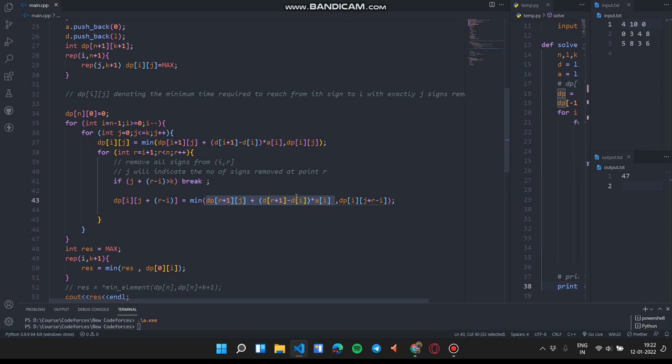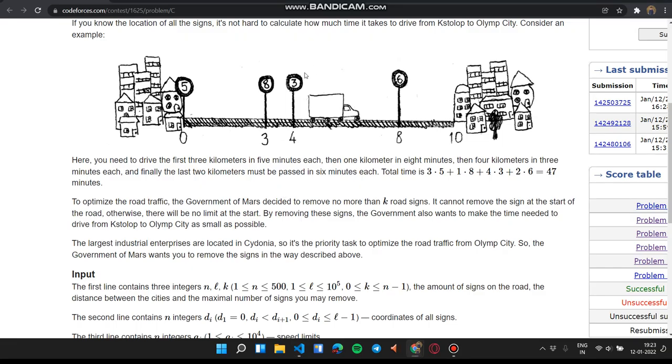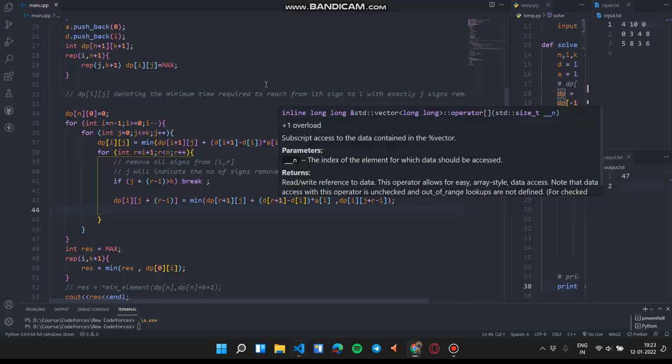If we remove every speed sign till r, we have to take from r plus 1. So dp of r plus 1 and j, and now every sign is removed between them, so the time taken will be 10 minus 3. We will not take into account these signs for the time taken per kilometer at the ith location.